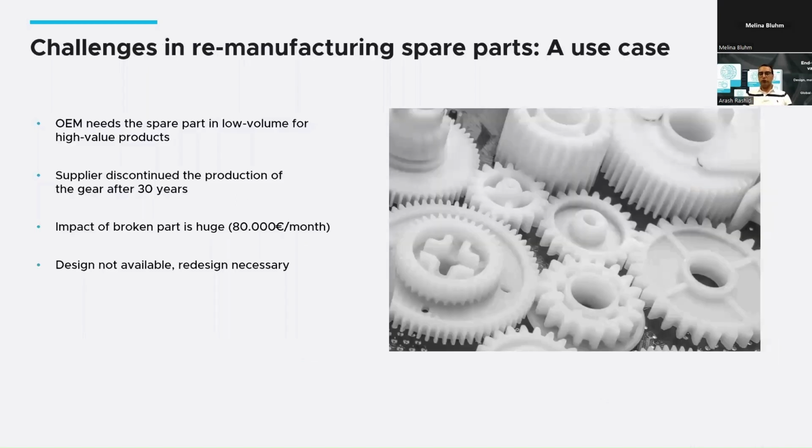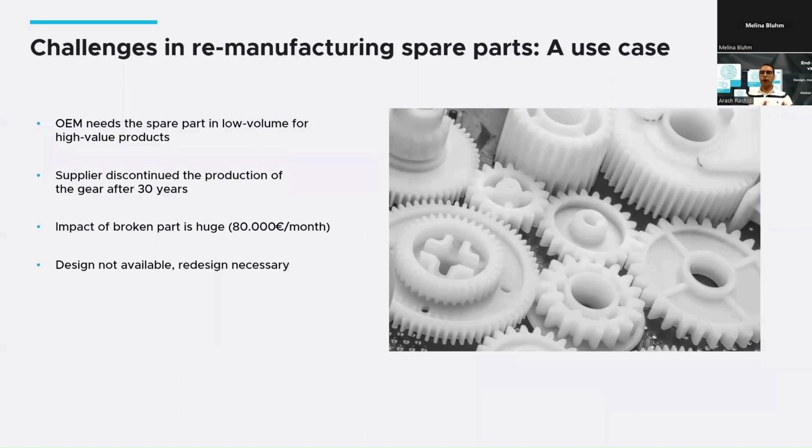Now just to give you a use case that we had regarding remanufacturing of spare parts. One OEM needed some spare parts in a low volume for high-value machines that they have.